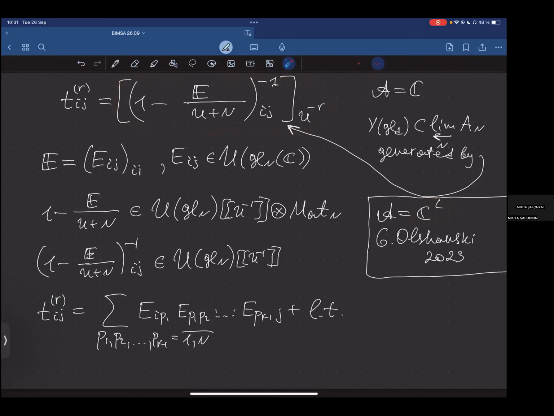Roughly speaking, in this case, when we take C to the L, we should modify this formula here. We should put a sum over some index alpha, and we should consider formal power series in many variables. So we have index alpha here. We have different parameters, u sub alpha. And this matrix is also going to be split into L copies.